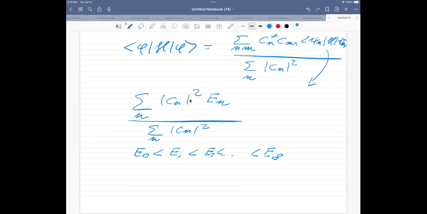But in general, what I see is that this energy here, which I'm calculating, is going to be larger or equal than the lowest energy. It's going to be equal in case we have the exact solution. If not, it's going to be larger than the exact one. So this is just the variational principle, the way we are using it now, in a nutshell. Okay?